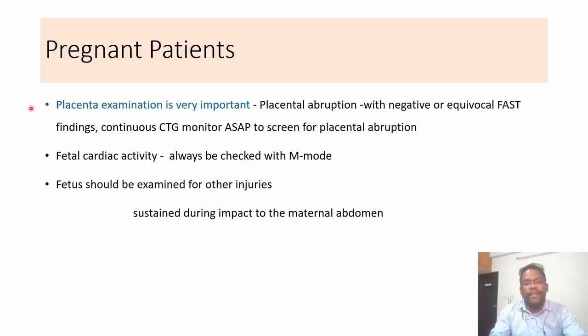The placenta examination is very important in case of maternal FAST examination. The presence of placental abruption with a negative or equivocal FAST exam requires continuous CTG monitoring for the fetus, and the fetal cardiac activity must also be checked with M mode. The fetus should be examined for other injuries sustained during impact to the maternal abdomen.